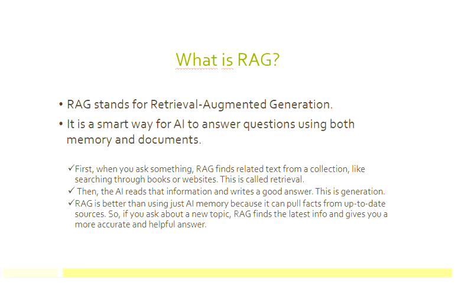So, what is RAG? As its name suggests, it is retrieval augmented generation. It is a smart way for AI to answer questions using both memory and documents.